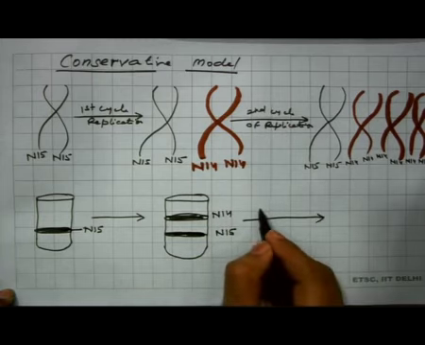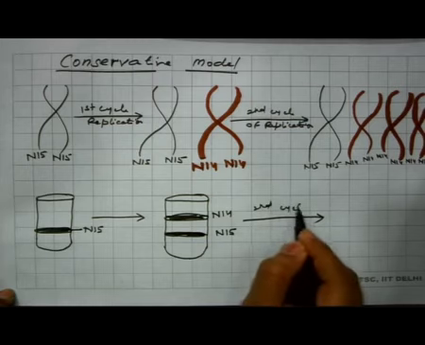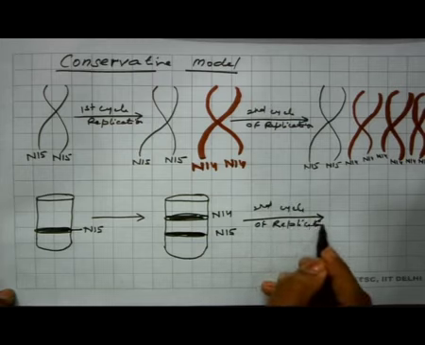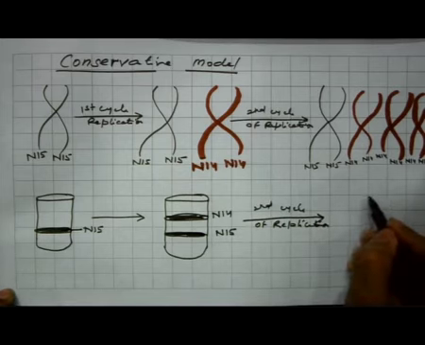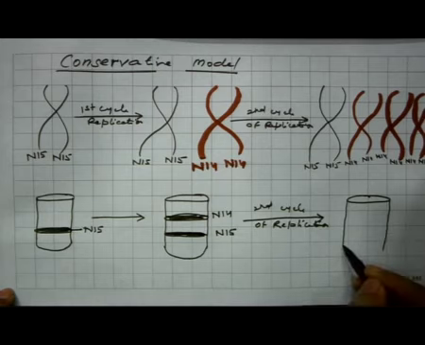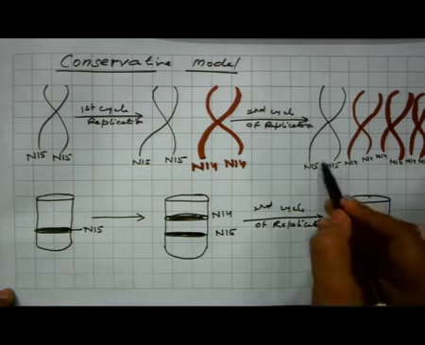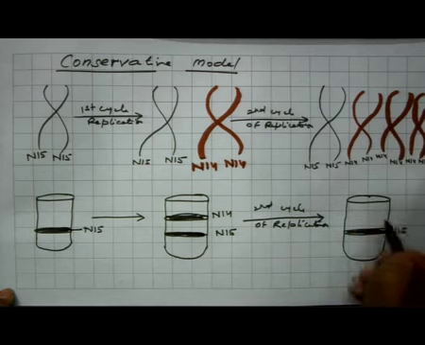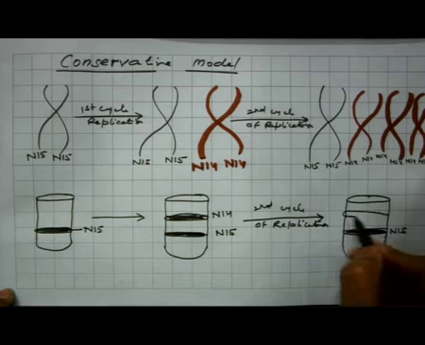After the second cycle of replication, we will again get two bands, one of N15 and one band of N14.